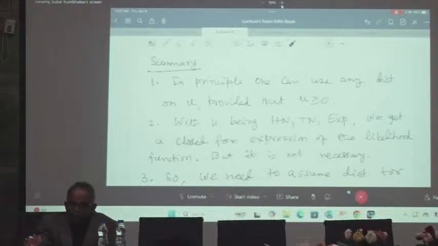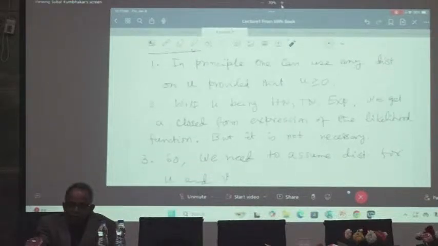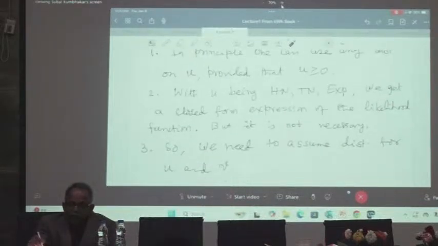But I'll talk about how it is not necessary to assume a distribution. Half-normal, truncated normal, exponential are popular because we get a closed-form expression of the likelihood function, but that is not necessary.